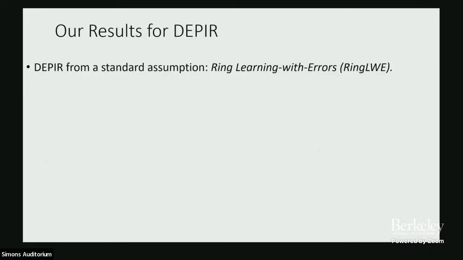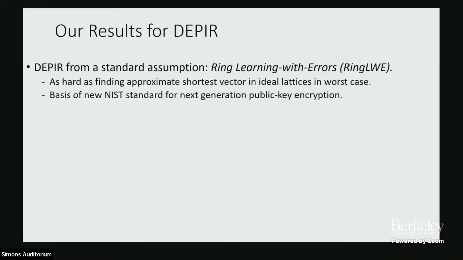So we get the original notion of unkeyed doubly efficient PIR from a standard assumption, namely the ring learning with errors assumption. Let me just say a little about this assumption. This is a fairly well-studied assumption. It's as hard as finding approximate shortest vectors in ideal lattices in the worst case.